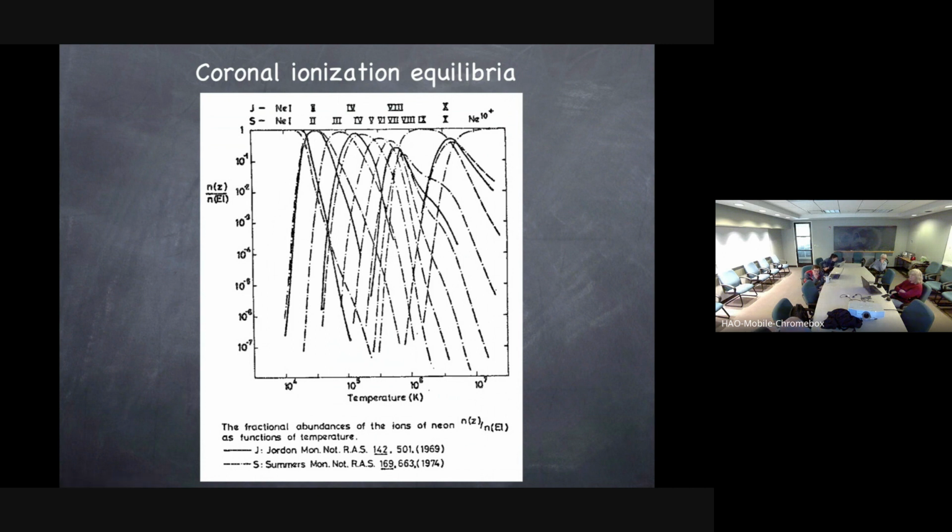You have to put a hell of a lot of energy in to really rip those electrons out from an 8-times charged neon helium-like ion. And so what that means is it's very robust. It's got a very deep ionization potential. So if you look at these plots, these big broad things always correspond to a noble gas, helium, neon, whatever it is.